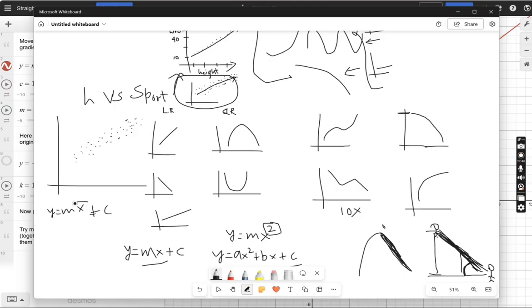First of all, I have x. X is height. Y I also have. Y is my sports performance. X I have, Y I have, but I don't know what my M and C are.